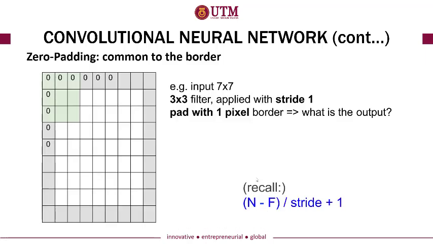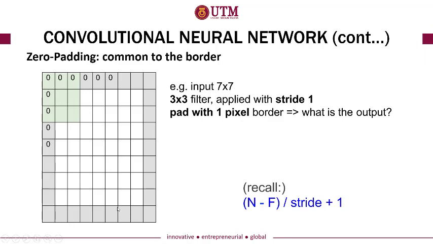So this is an example of 0 padding. As you can see, again we talk about our input matrix, which is 7 times 7. We ignore the depth size. Then we have a 3 times 3 filter with a stride equal to 1, and then you have a padding with 1 pixel border, meaning that you put 0 0.